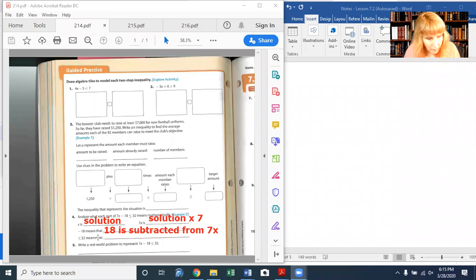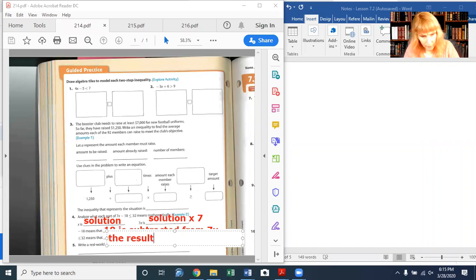And then less than or equal to 32 means that the result must not be larger than 32.